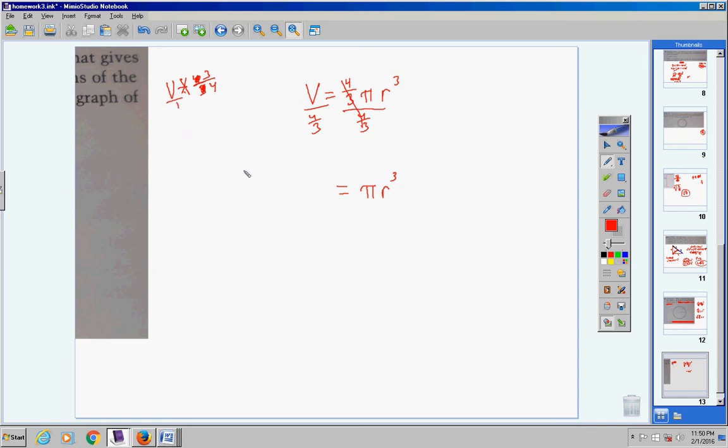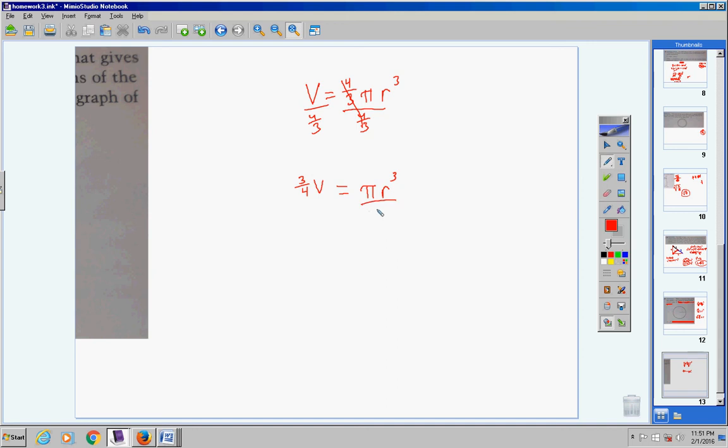So V times 3 is 3V, and 1 times 4 is 4. So we have 3V over 4, which is the same thing as 3/4 V. Alright? 3/4 V. Exact same thing, okay? Exact same thing.